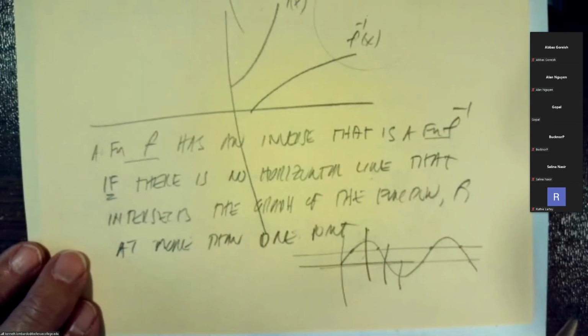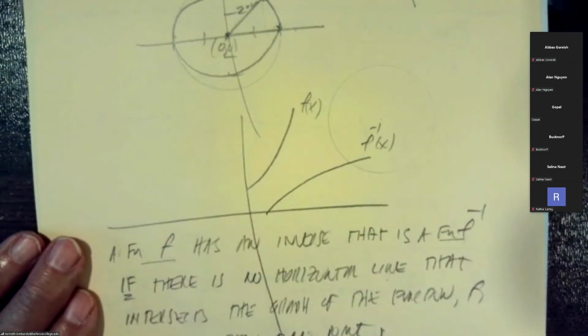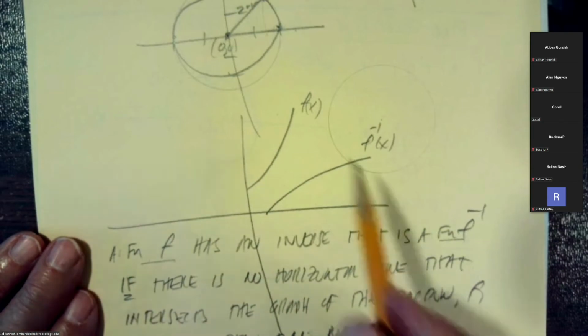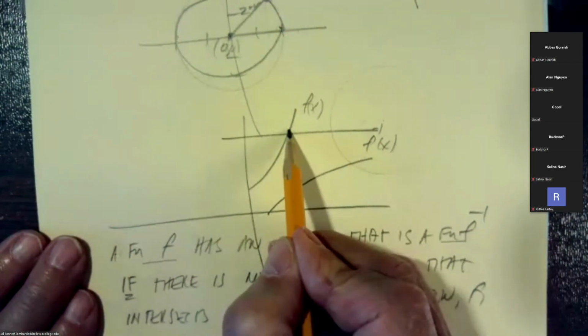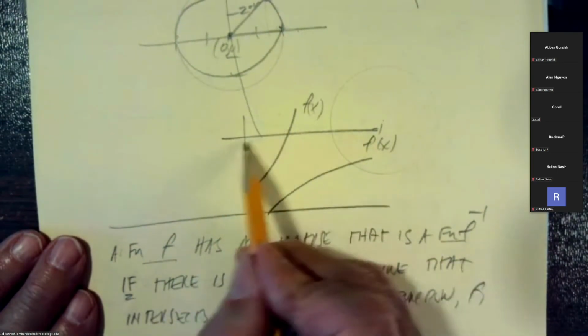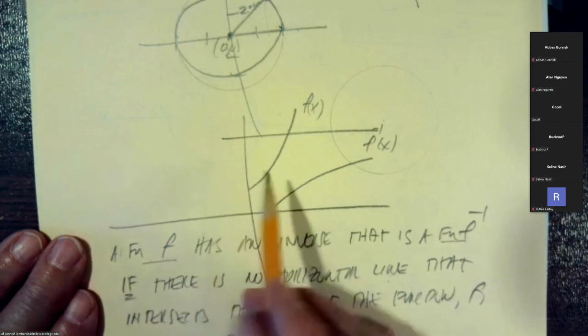But if you look at the graph above, it seems as if we draw a horizontal line. Here's the function. Does this horizontal line cross the function at more than one spot? Not there, but if we draw it maybe a little to the downside, I think here it will.